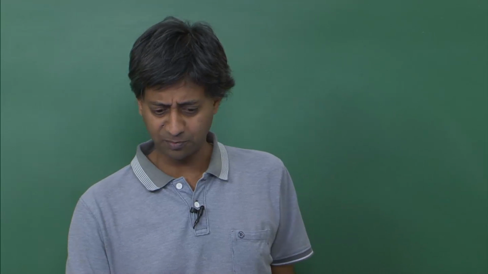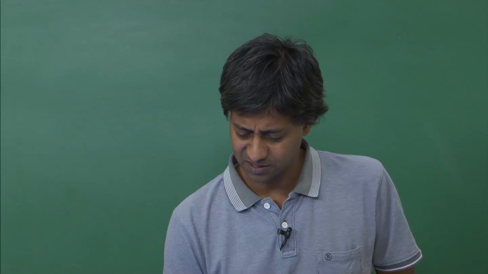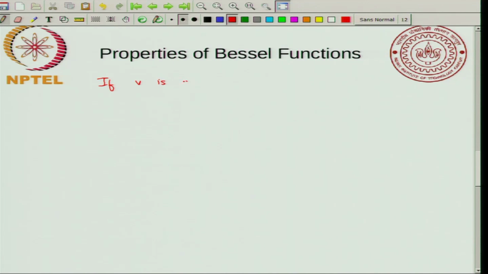Some other properties. So, if v is a half integer, for example J of half of x, you can work it out, and this turns out to have a fairly nice expression.